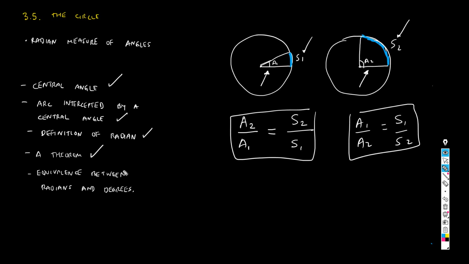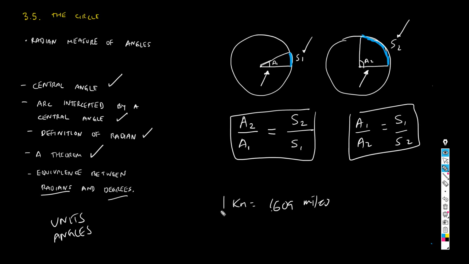Fine. And finally, guys, with this theorem that I just stated, we can get the equivalence between radians and degrees. If both of these things are units to measure angles, then clearly there must be an equivalence, right? It's like when we say that 1 kilometer is equal to 1.609 miles.